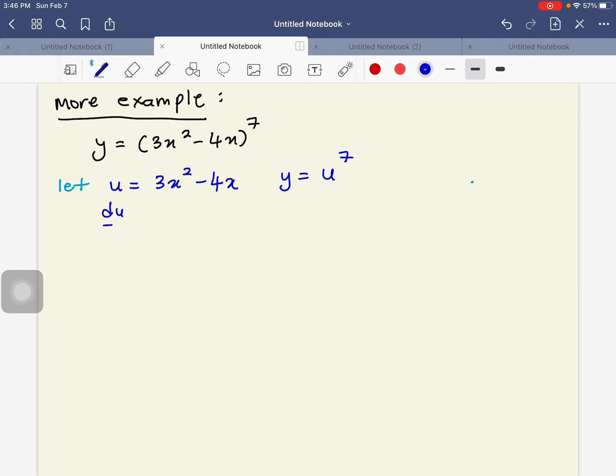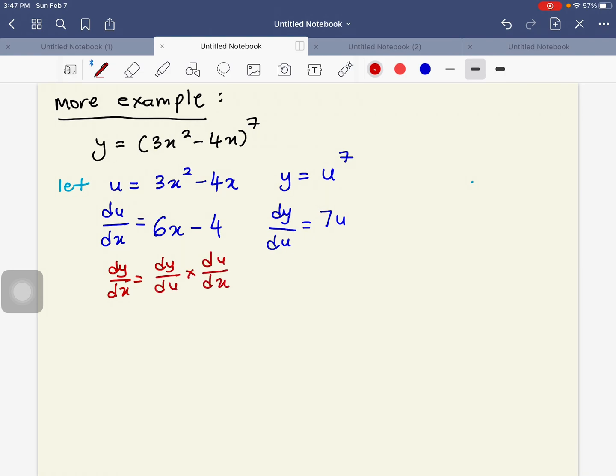Okay. So sekarang kita du over dx kan. Kita differentiate du with respect to x. So what we get is 6x minus 4. Betul tak? What about dy over du kita? Dy over du kita adalah 7u. Now, using the chain rule, dy over dx is equals to dy over du times du over dx.